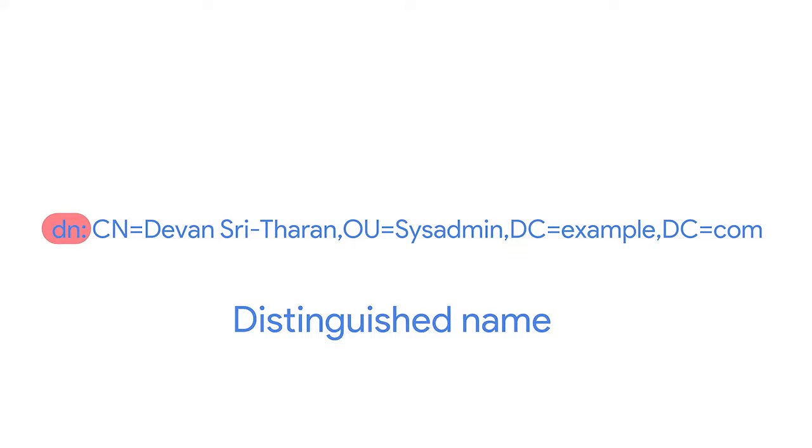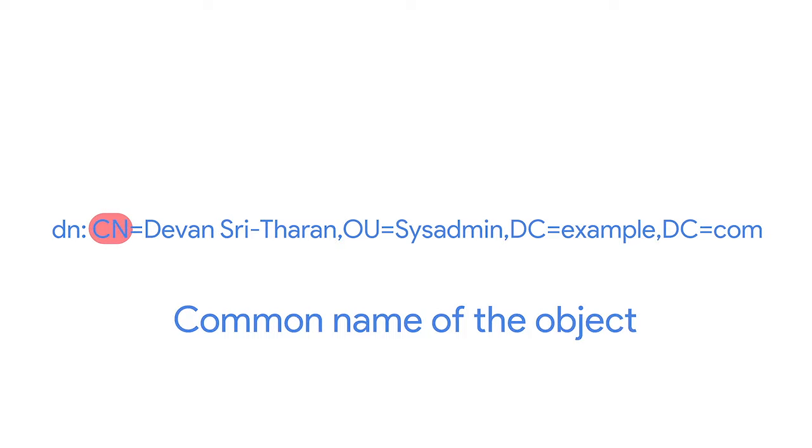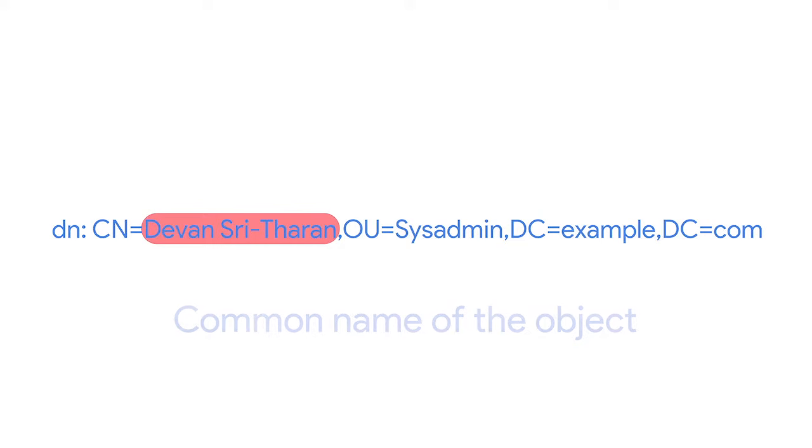Don't worry too much about what this says. The format of LDAP entries basically has a unique entry name denoted by DN, or distinguished name, then attributes and values associated with that entry. So CN is the common name of the object. In this case, since it's a person, we use Devon Sridharan as the name.